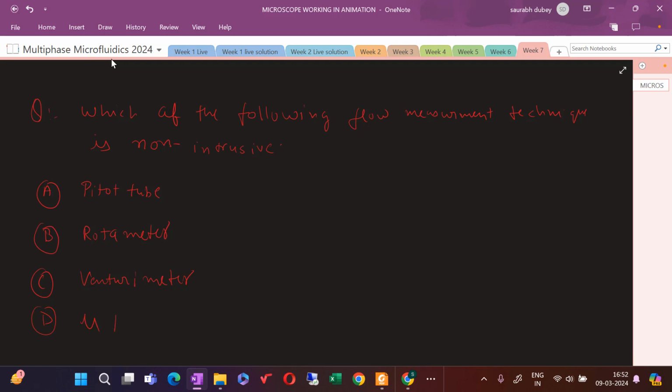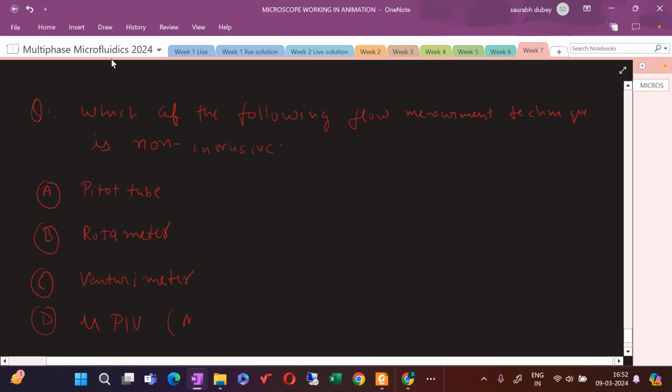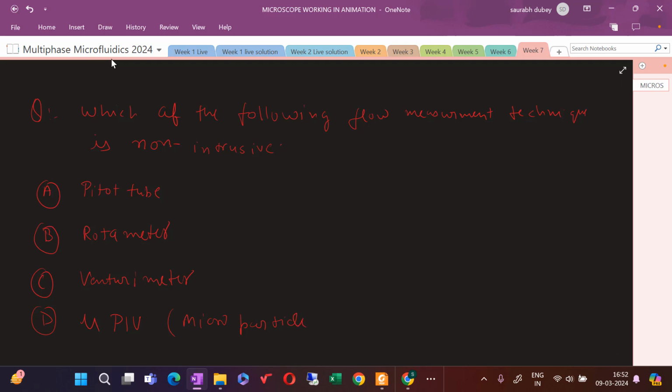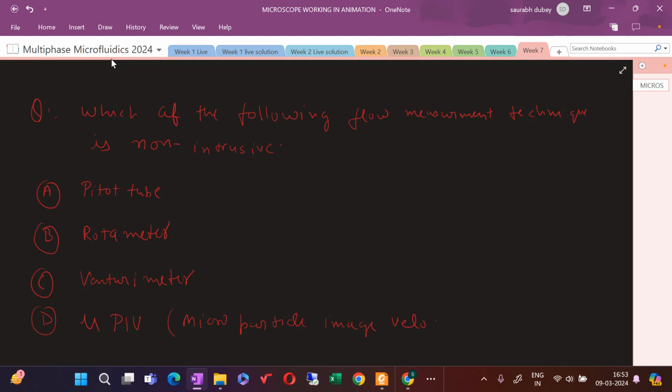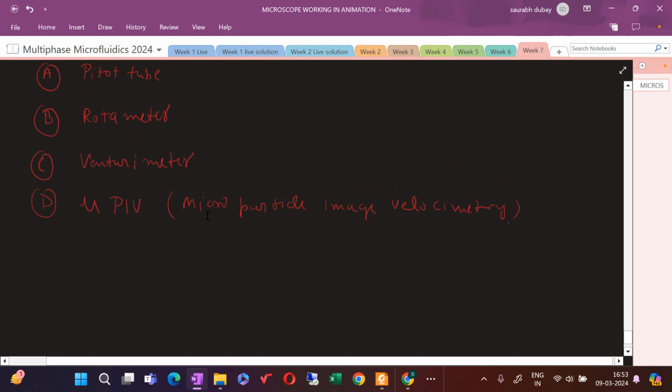micro PIV, that is micro particle image velocimetry, and the last option is orifice meter.